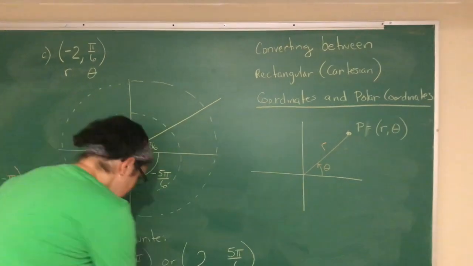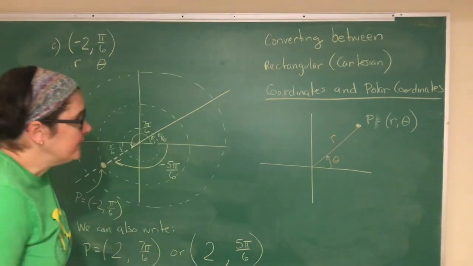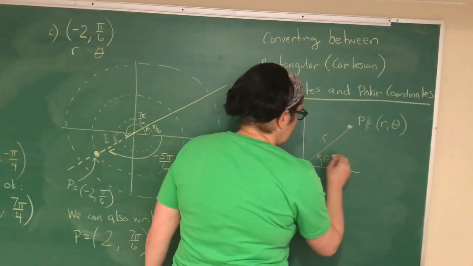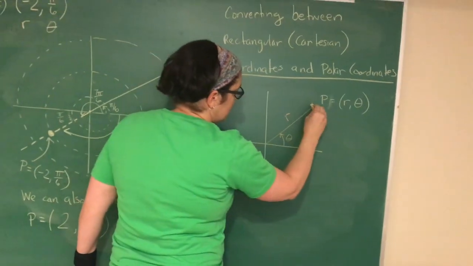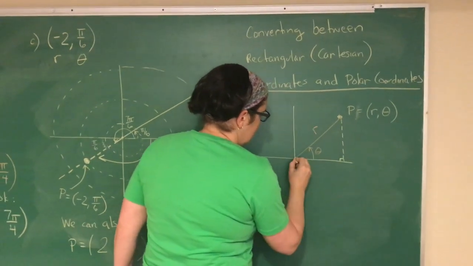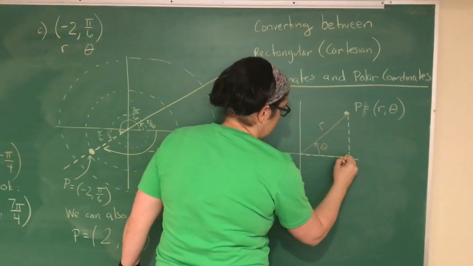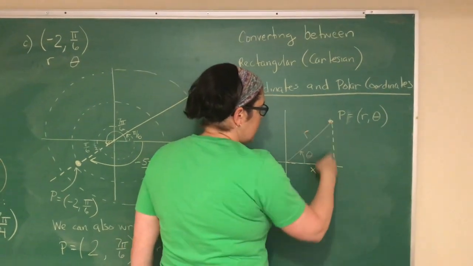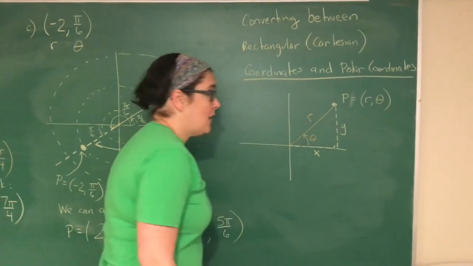Okay. On the other hand, if I'm talking about rectangular coordinates, then to describe this point, what I do is I create a horizontal side which is my x side, and I create this vertical side, which is the y side.